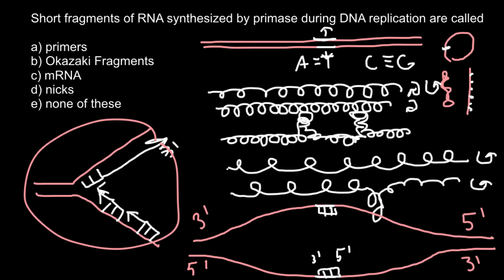So that means that here a new DNA strand would grow continuously. No new primers are needed. And if we have here 3' end and 5' end here, so this primer would have 5' end here and 3' end here. So once again, a new strand of the DNA would grow continuously from 5' end to 3' end.